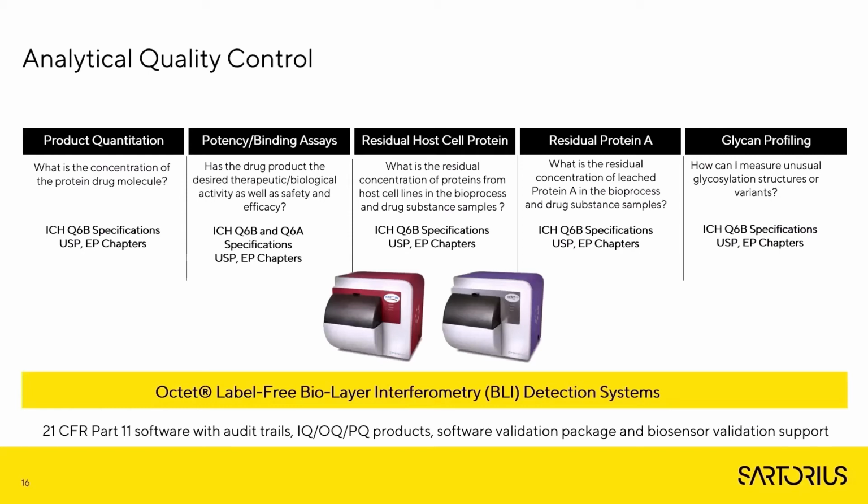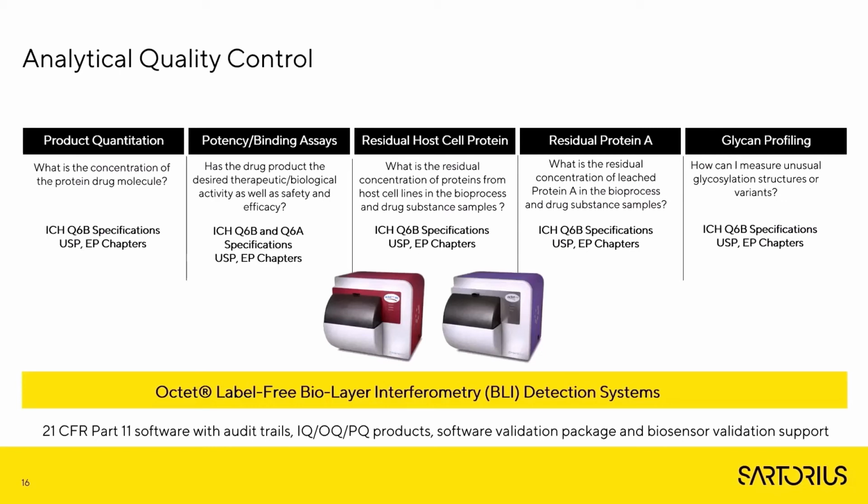Listed here are applications relevant in process development, monitoring, and QC. For instance, rapid quantitation of biomolecules in complex samples, potency assays of your therapeutic candidate, or rapid contamination detection in process samples such as host cell protein or protein A residues, or glycan profiling.